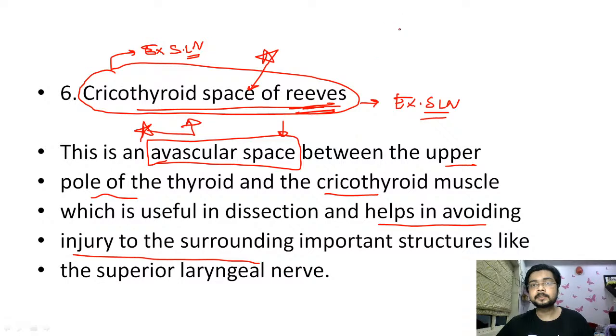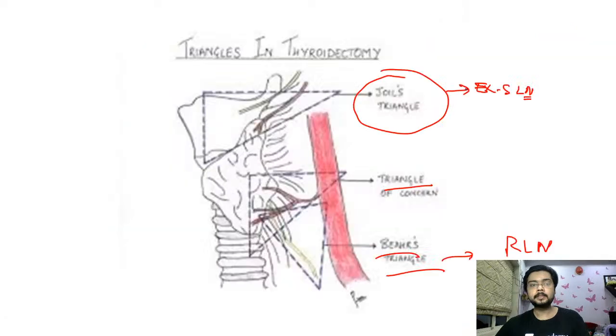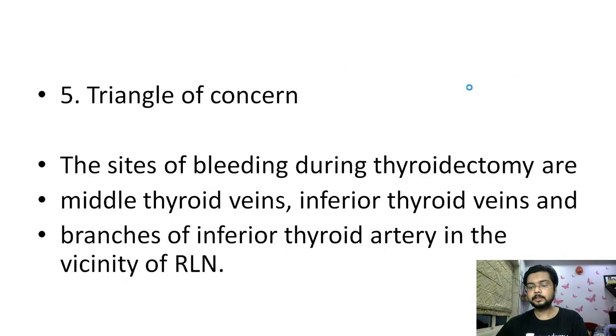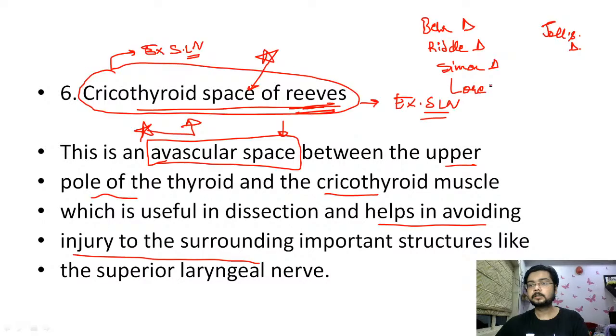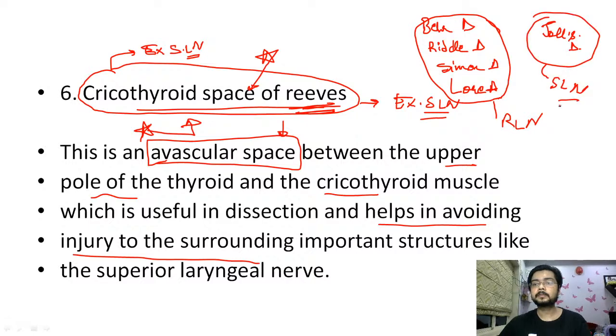Summarizing: Beahrs' triangle, Riddle's triangle, Simon's triangle, and Joll's triangle, and this is Lore's triangle. Beahrs', Riddle's, Simon's and Lore's are for the recurrent laryngeal nerve. Joll's triangle is for the superior laryngeal nerve, right?